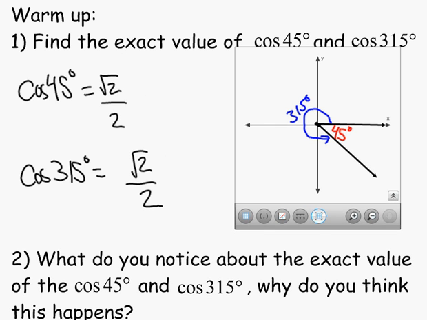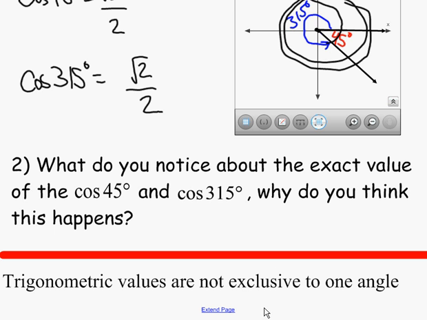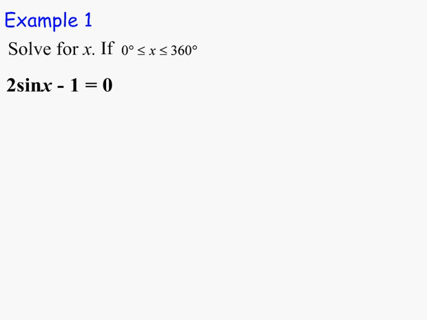If we kept on going around and around, and then we could go in a clockwise fashion, we're going to find an infinite amount of angles that also have a cosine of radical 2 over 2. So that's the point of this activity, to get you to see that trigonometric values are not exclusive to one angle. Okay, keep that in mind, because that concept is going to come up again during our course of solving trigonometric equations.